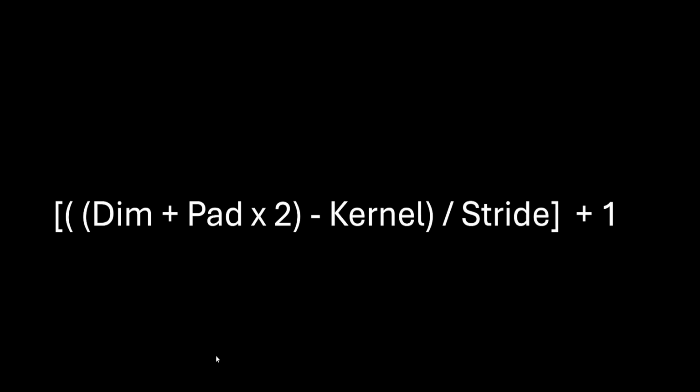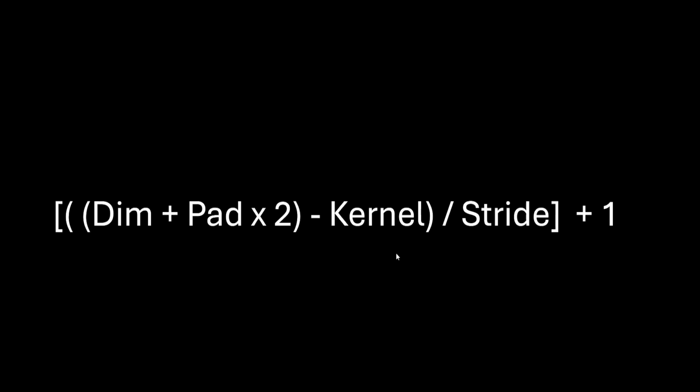And padding works in a symmetrical way. If you apply padding on the x-axis, whatever the value is, it's going to happen on the left side and on the right side. And if you do that on the y-axis, it's going to happen on the top and the bottom. So it's always whatever value you apply times 2. In my case, let's say here we have the height or the width, whatever. If I apply a padding of 1, it's going to be 2 here.